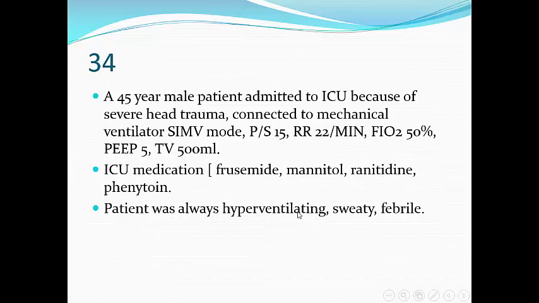The patient was always hyperventilating, sweating, febrile. This is always the case in severe brain trauma: there is excessive catecholamine secretion, causing hyperventilation, sweating, tachycardia, hypertension, and sometimes acute central pulmonary edema. This is the situation of our patient. He had bad head trauma and severe sympathetic overactivity.